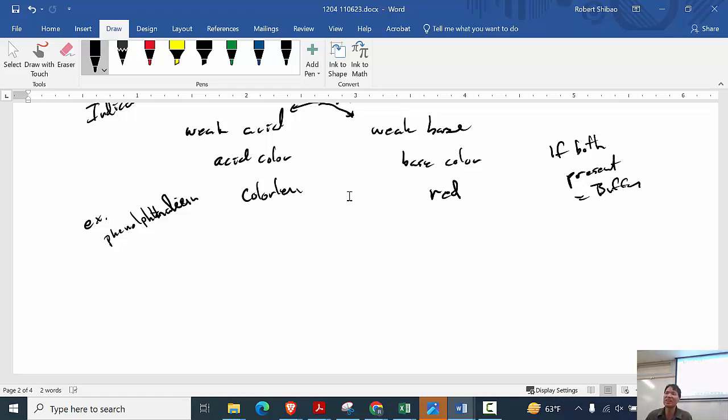Initially, it might not be, and maybe at the end, it might not be. At the end, we would have neutralized all our indicator. But in the middle, for sure, it's going to be.